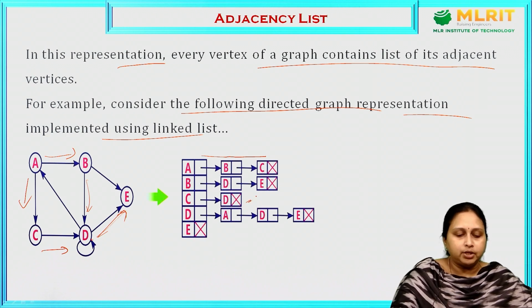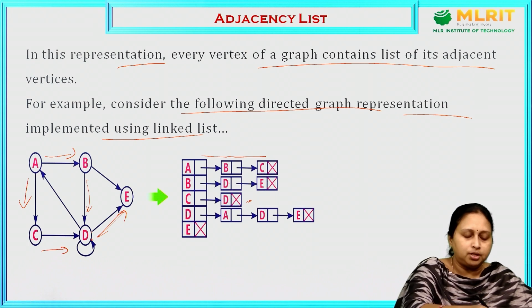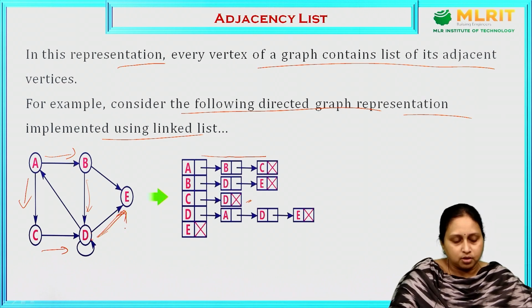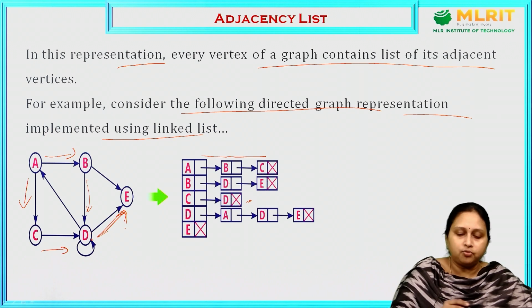And from D, what are the edges you have? A is one, D is one, and E is one, another one, right? These are the three other edges where we are going to represent D to A, D to D, and D to E. Any order we can represent, right?